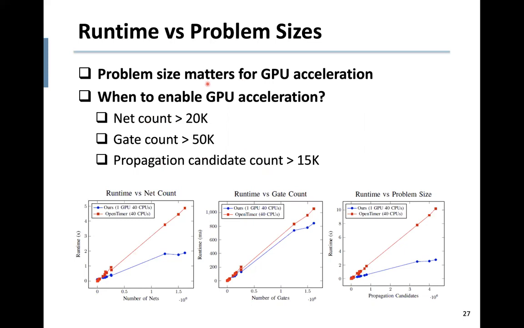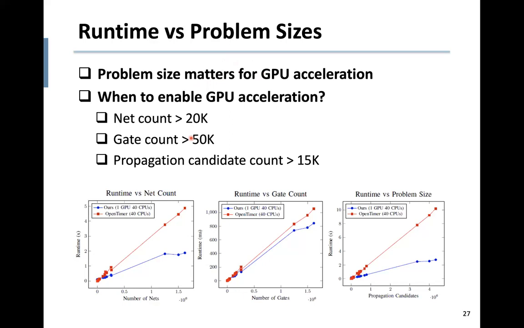Well, this number is of course case by case. Different circuits and different GPUs may have different thresholds. Based on our experiment on widely available open source benchmarks, we observe significant benefit from using GPU in the following situations: if the number of nets is larger than 20K, or if the number of gates is larger than 50K, or the number of tasks you need to update per iteration is larger than 15K, then GPU can come into play.